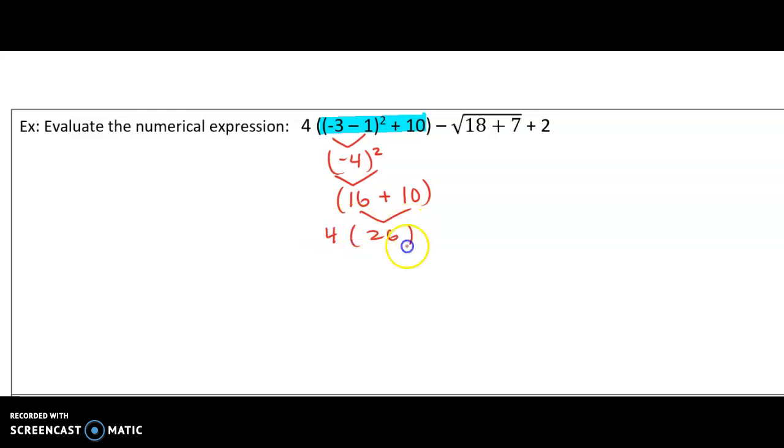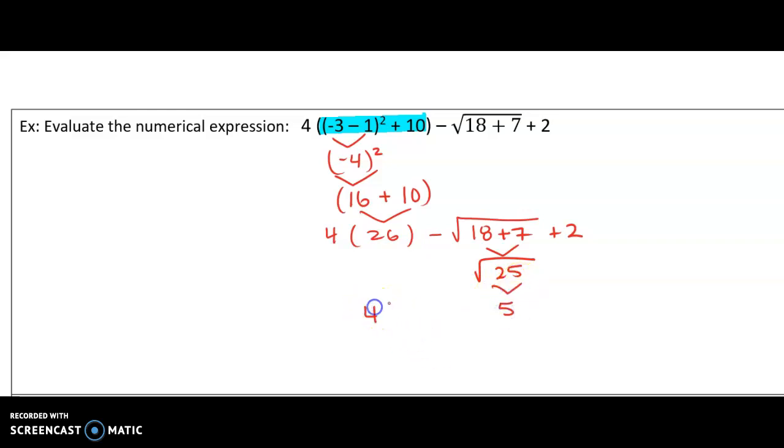Now I can take 4 times 26 minus the square root of 18 plus 7 plus 2. I also have this 18 plus 7, which is a grouping symbol, similar to the idea of parentheses. So I'm going to do 18 plus 7, which is 25, and I want to take the square root of that, which is 5.